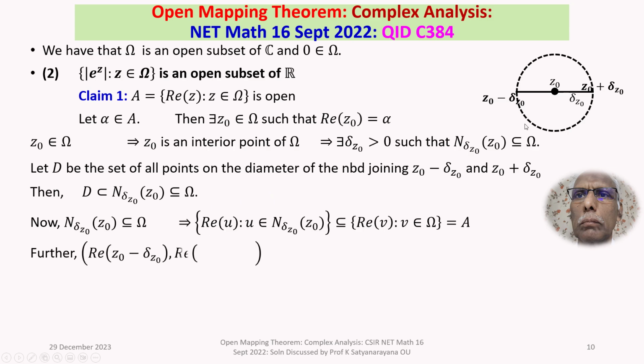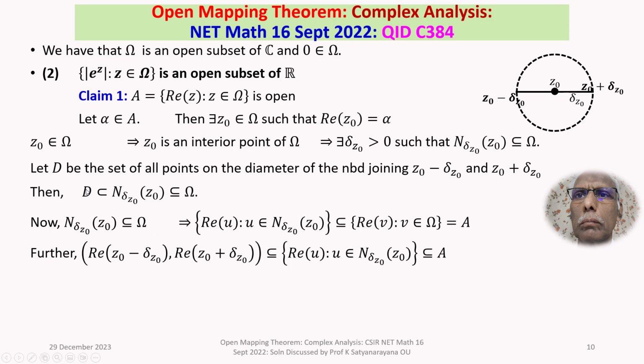Further, consider the real parts of the elements of D. Taking the extreme points z0 minus delta z0 and z0 plus delta z0, the real parts of these connect to form an open interval: the real part of z0 minus delta z0, comma, the real part of z0 plus delta z0.